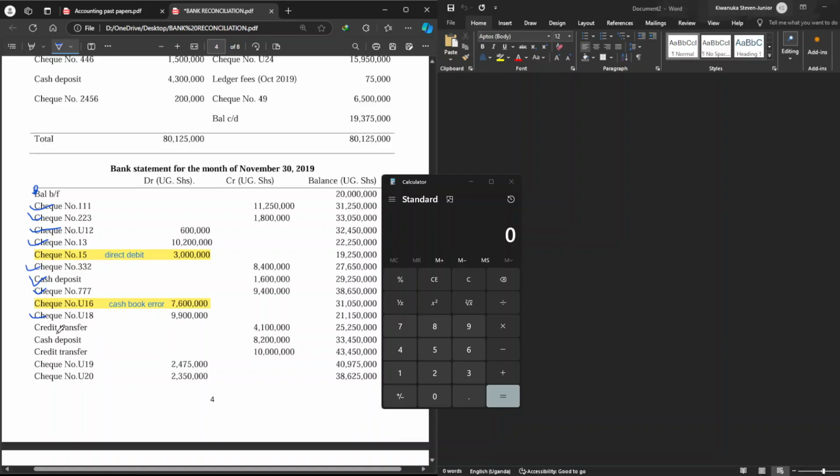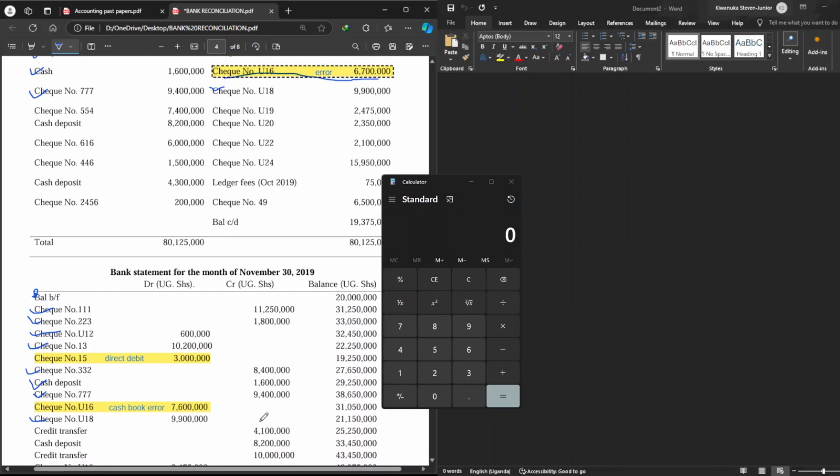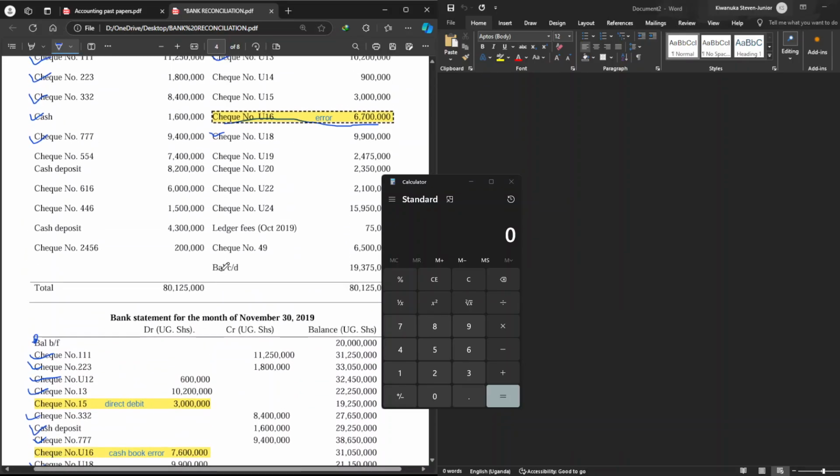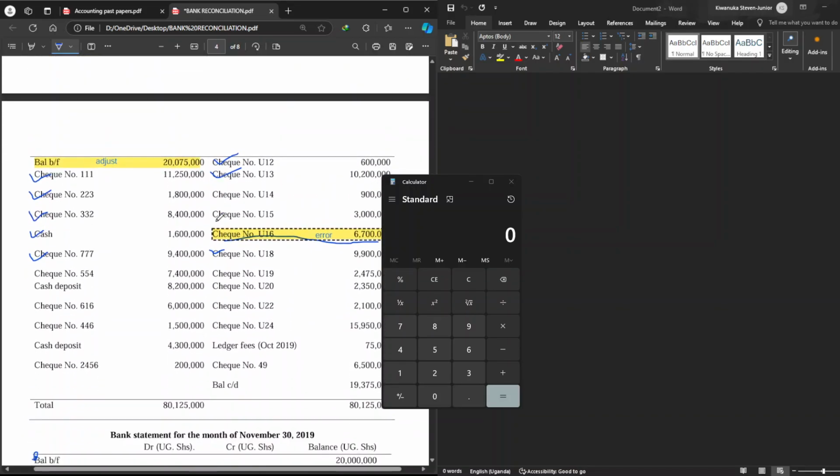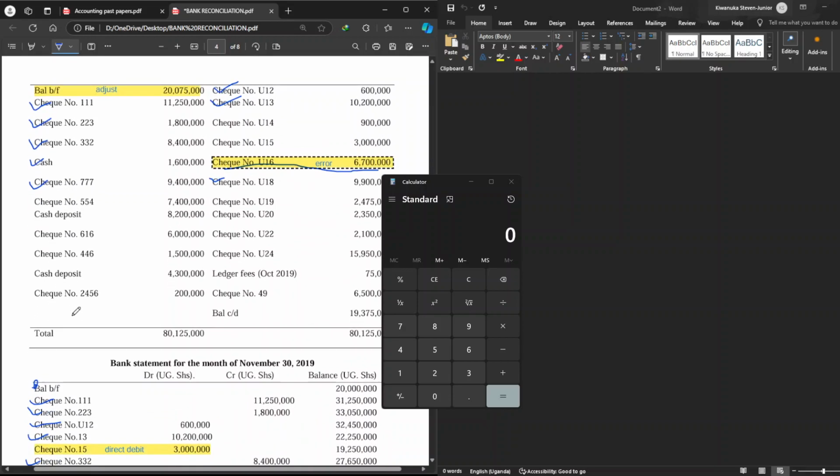We have here a credit transfer. They credited this one 4.1. So on the credit side, credit transfer 4.1. We come here in our cash book, 4.1 credit transfer. You see that it is not there.